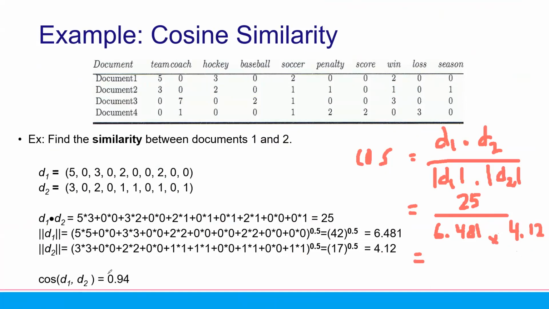Then this result will be 0.94. Okay, so this is the cosine similarity between two documents. We can say that those two documents are similar because in the concept of similarity, the higher number is more alike. The higher number is more similar.